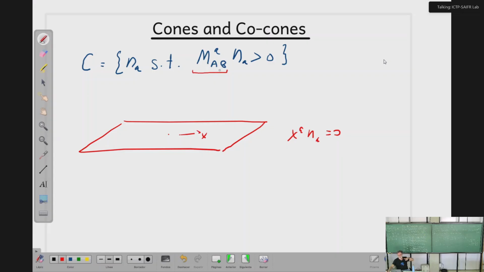Now if you take a positive symmetric matrix like this, or bilinear form, and you perturb it, it's still positive definite. If you perturb with something positive, because the space of positive bilinear forms is open.